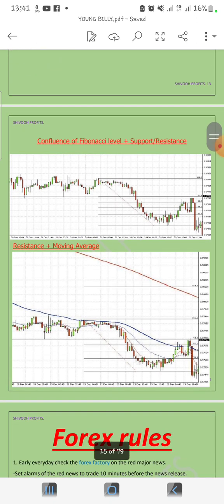We have another one, the resistance plus moving average confluence. Let's say price has been bouncing off the 50 moving average, and we have the moving averages aligned well from the smallest to the largest.